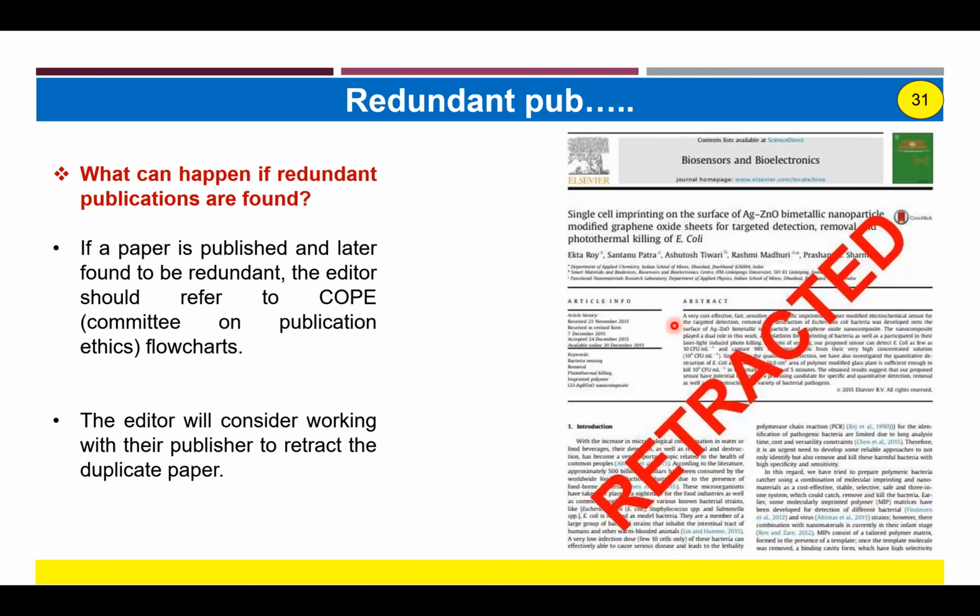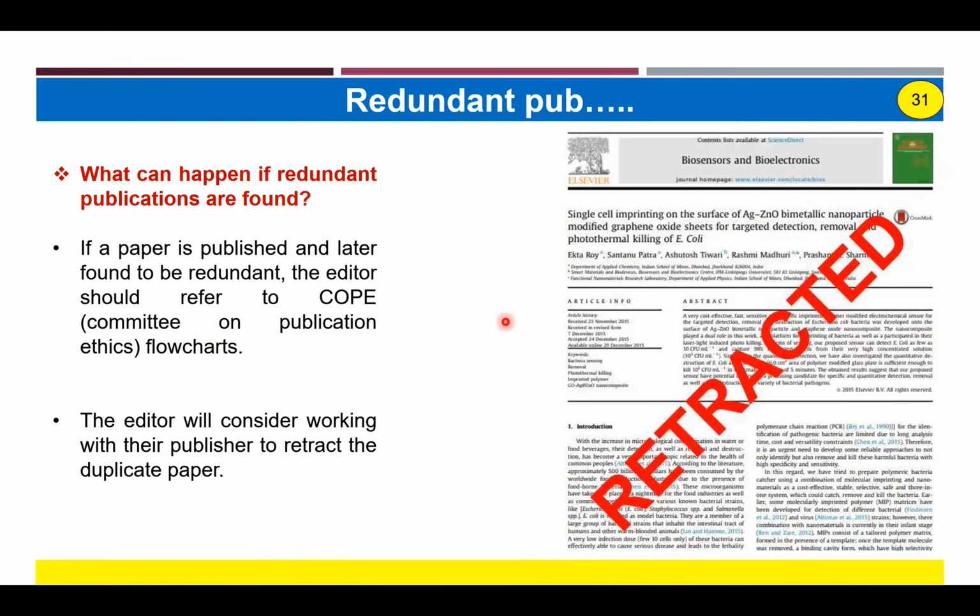Now, what can happen if redundant publications are found, right? Like the last case, where we talked about misconduct and the extreme case that happens, there I also put that the paper will be retracted. Similar things will happen here as well.